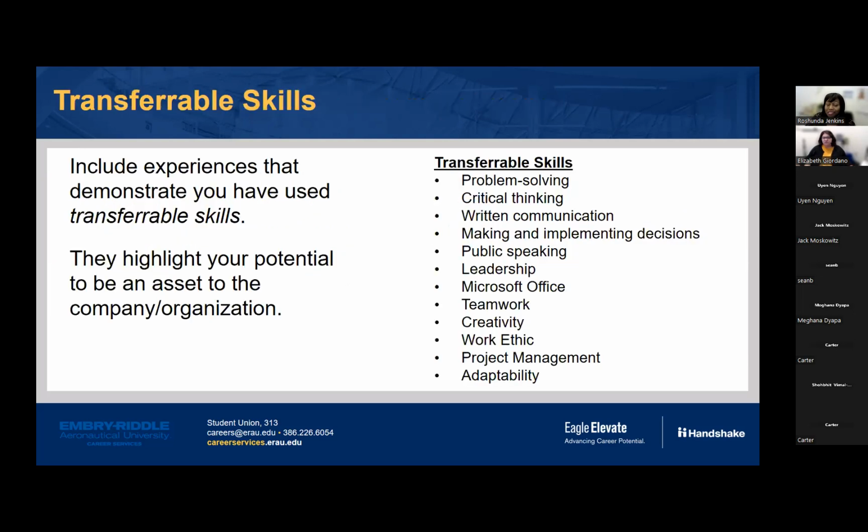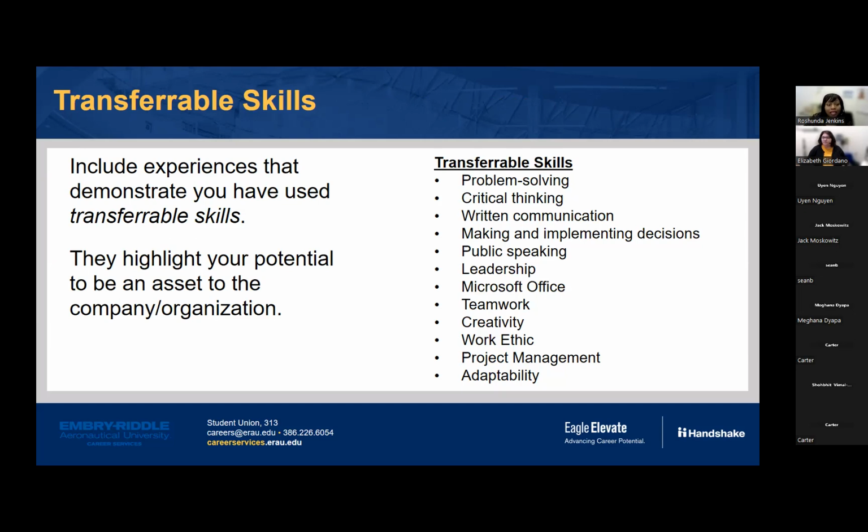All right, transferable skills. This area may not necessarily be on your resume, but those experiences that we just discussed and those accomplishments are where you're able to really hone in on transferable skills. Because if you've had tech writing, then you can list that as written communication. You're going to be able to speak to that experience and show how you've had written communication.